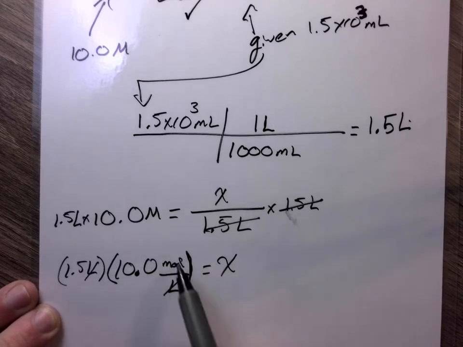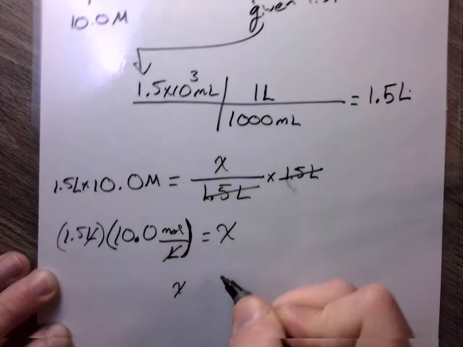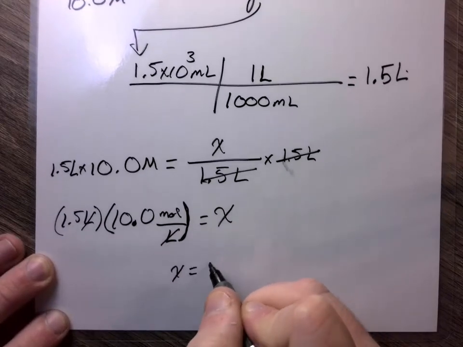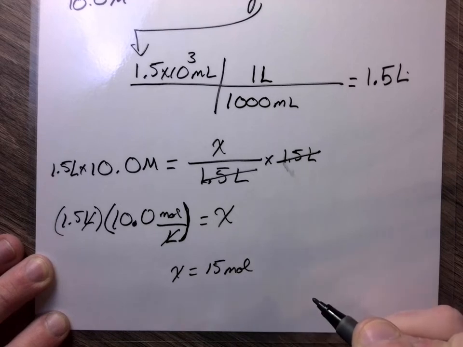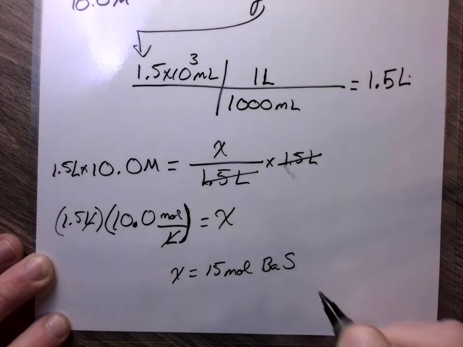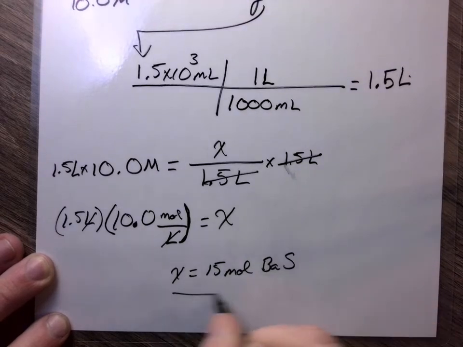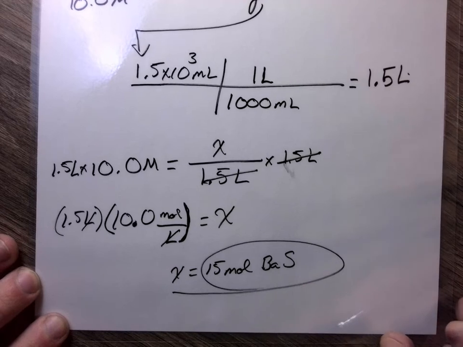So I am going to end up in moles. X is equal to 15 moles. 15 moles of what? 15 moles of barium sulfide. There we go. That's how many moles of barium sulfide would be used to make that solution.